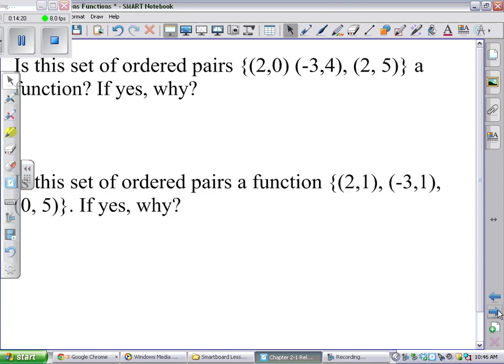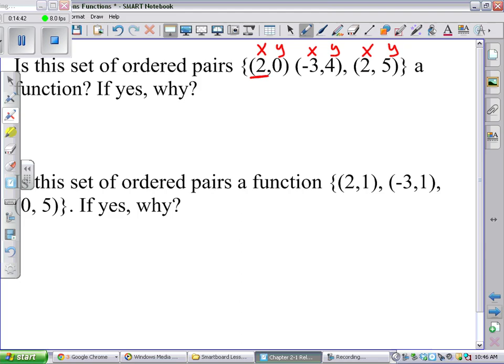All right, is this set of ordered pairs a function? If yes, why? Pause the tape right here and try to figure this out yourself. So when I look at this, I see, remember, x, y, x, y, x, y.